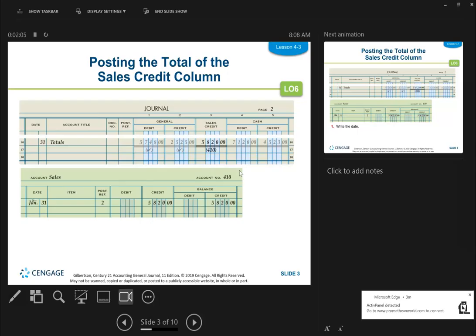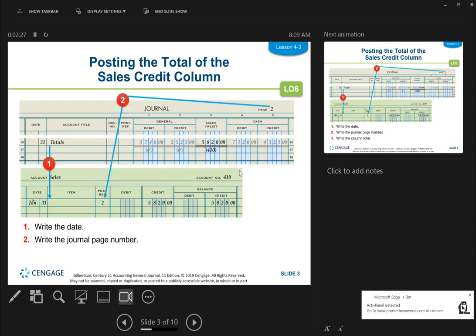So let's take an example of how we take our total from the sales credit column and move that into our ledger. We start by writing the date. And we write the journal page number.